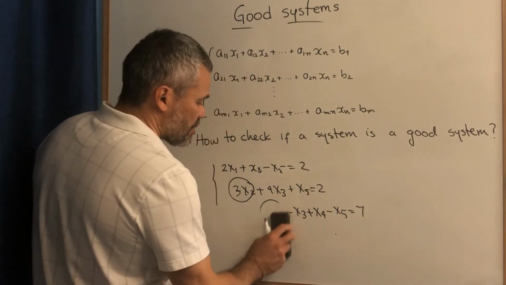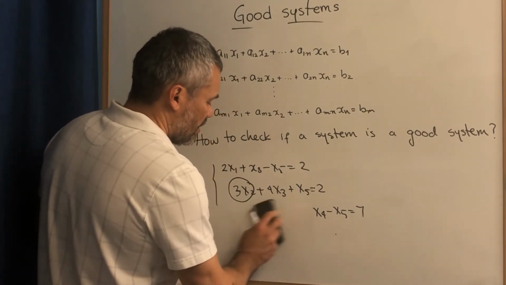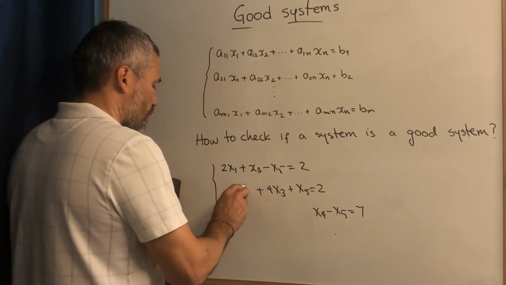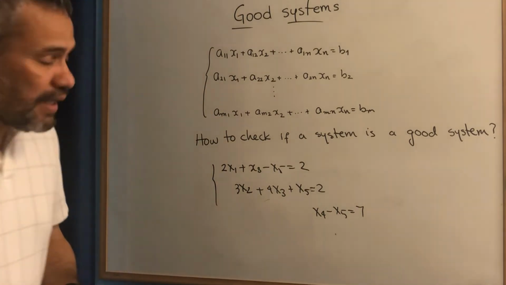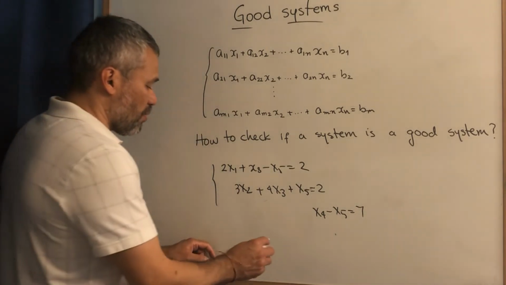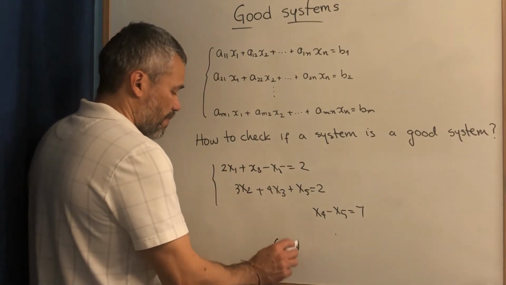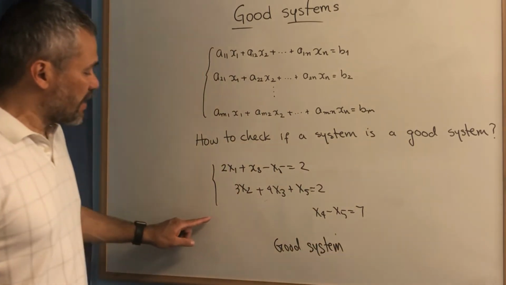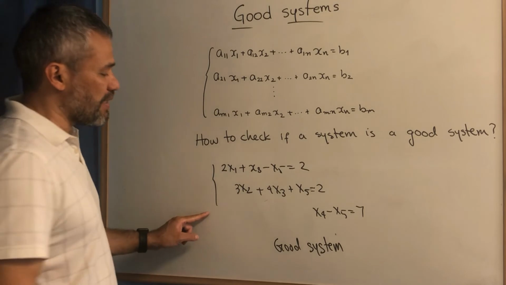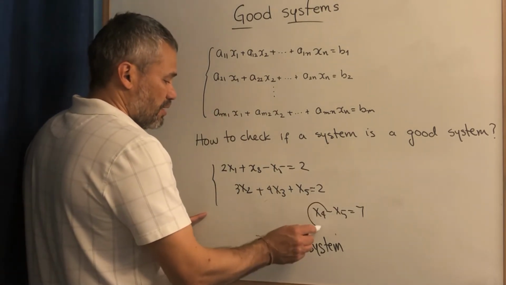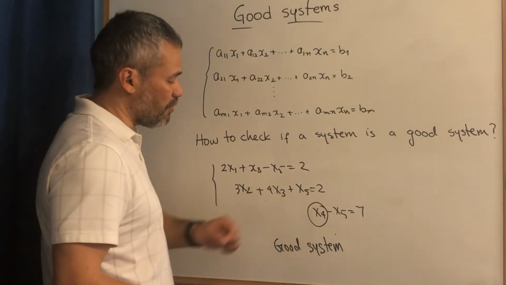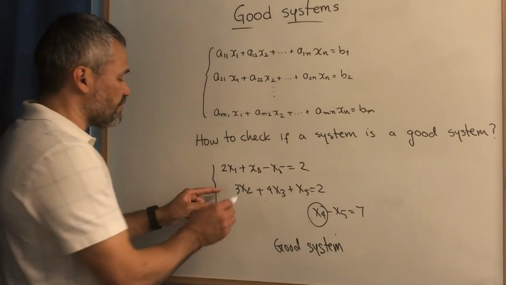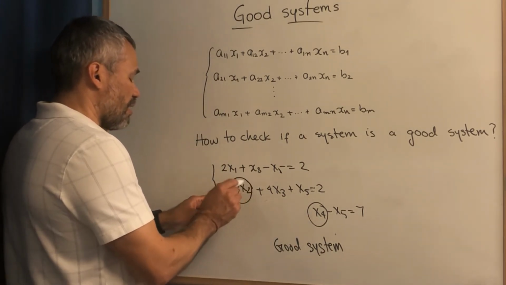And now if I change the system to be like this, let me say 3x2, then this is an example of a good system. The reason is that the first variable that shows up in the last equation has index x4, and the index is bigger than the first variable that shows up in the equation above it.